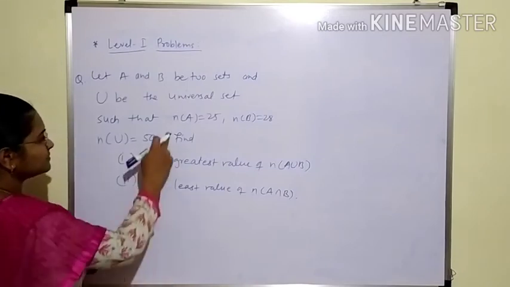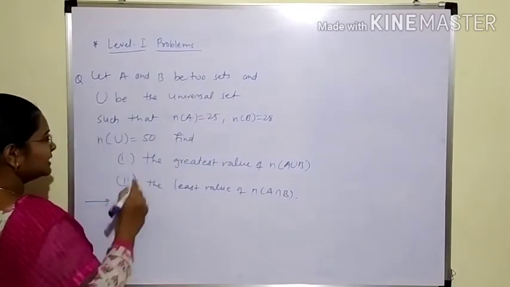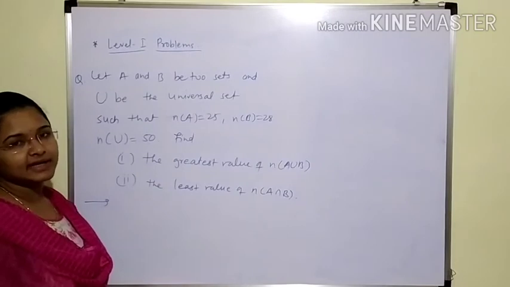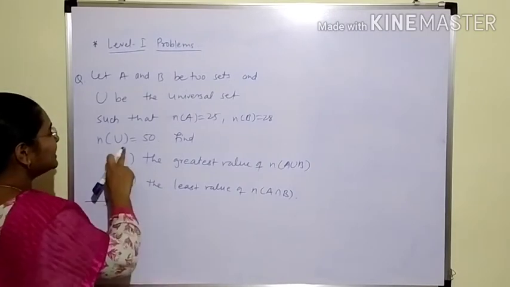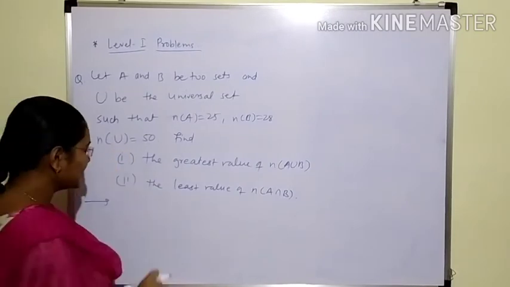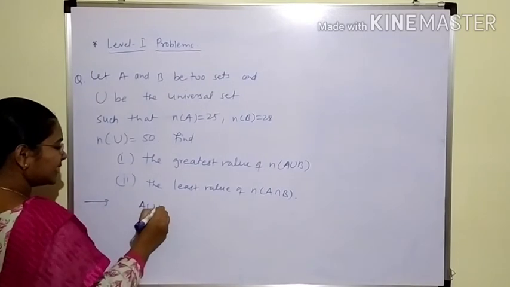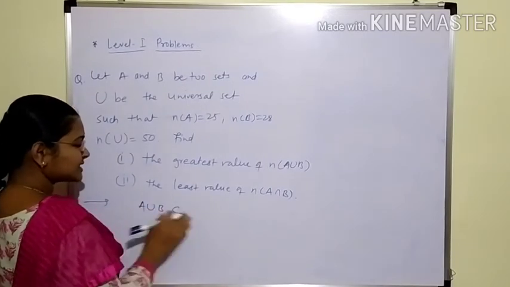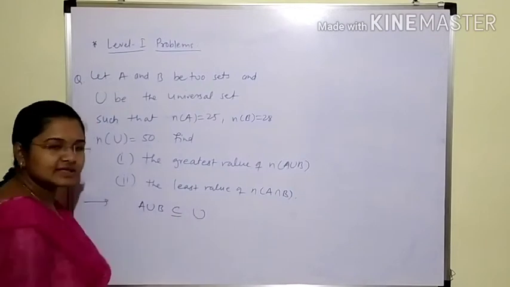Now students, we have the number of elements in A and B that are 25 and 28, and the number of elements in the universal set is 50. Students, we know that A union B is a set which is contained in the universal set.